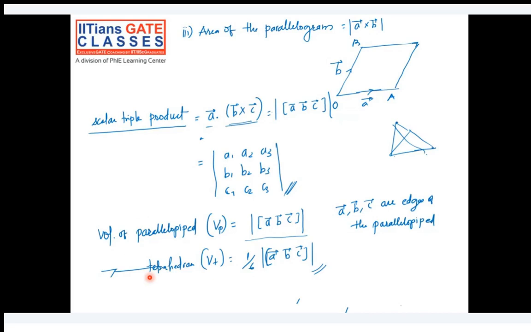These are the basic things you should know to learn vector differentiation and integration. Okay, any doubt till this? At least these 4-5 points you understood. If so, then we can proceed to vector differentiation, and later we will start vector integration maybe in the next class.